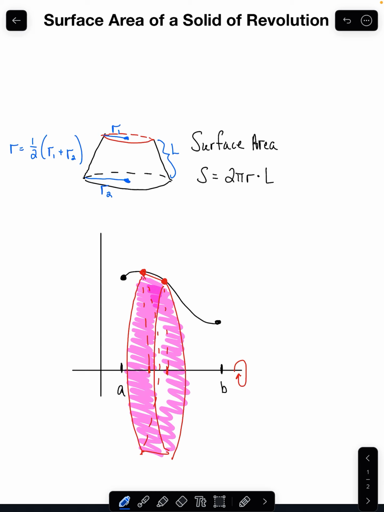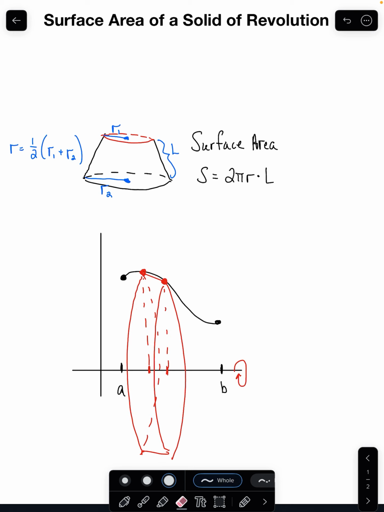On a sideways cone, a sideways frustum, as is created when we revolve this one line segment around the axis, the slant height is the length of the line segment, which we know to be given by the square root of 1 plus delta y over delta x squared, all under the square root.